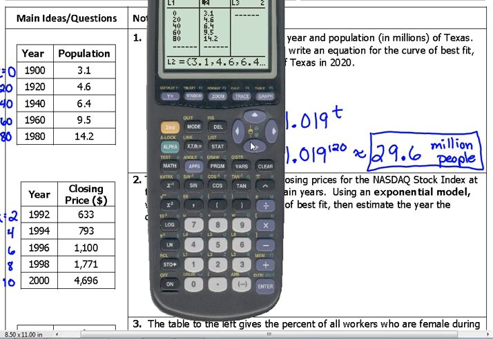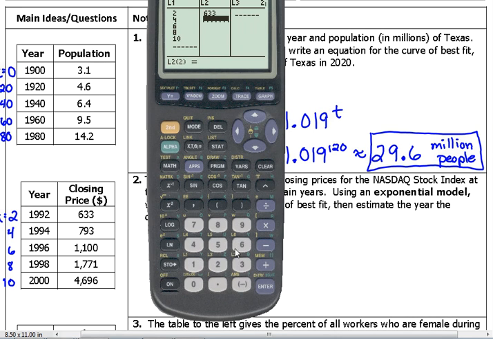Now, if you want to clear out what is in list 1 and list 2, do not press delete. Move your arrow up to the L2 and the L1 and press clear and press enter. If you press delete, then it'll make the L1 and the L2 disappear. And we really don't want that to happen. So 2, 4, 6, 8, 10.